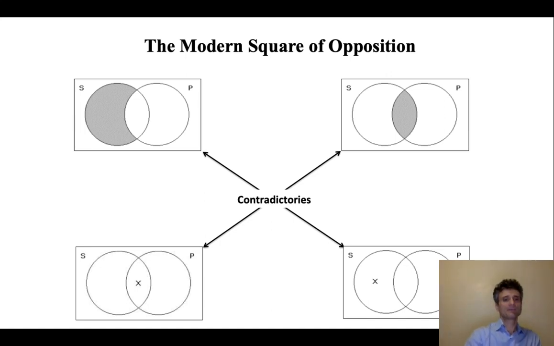Well, think about it. If it's true that all Martians are blonde, then it cannot be true that some Martians are blonde. Why is that?